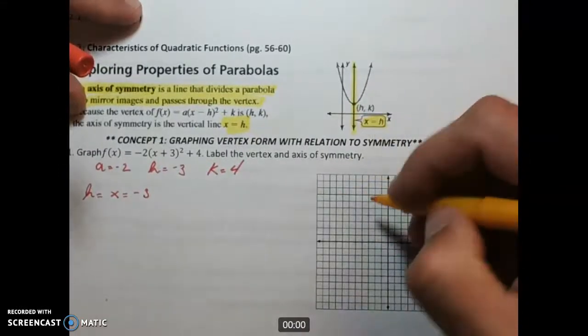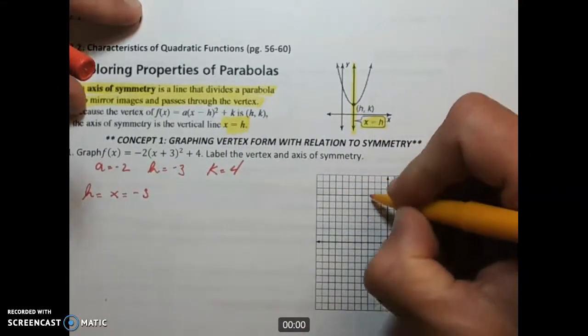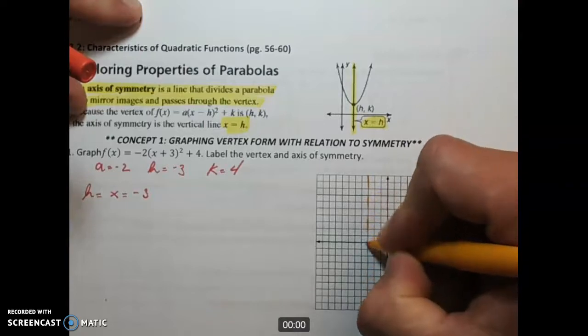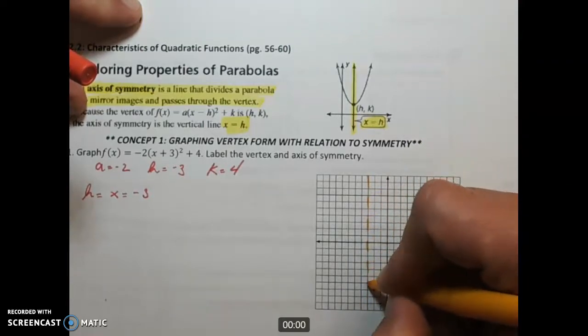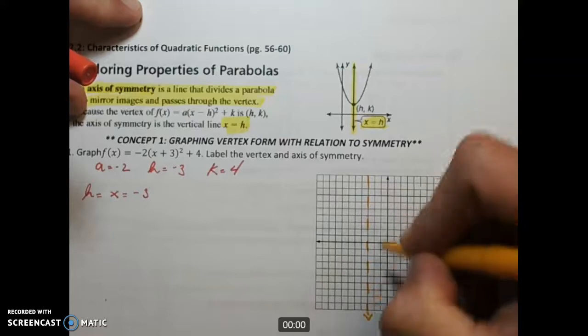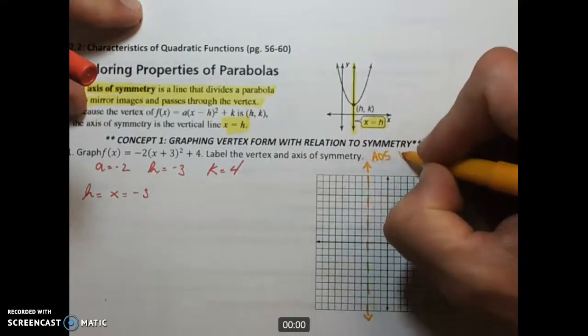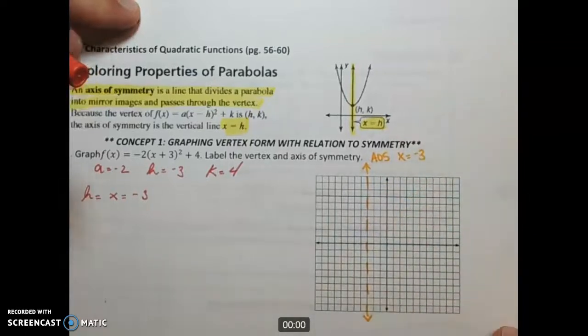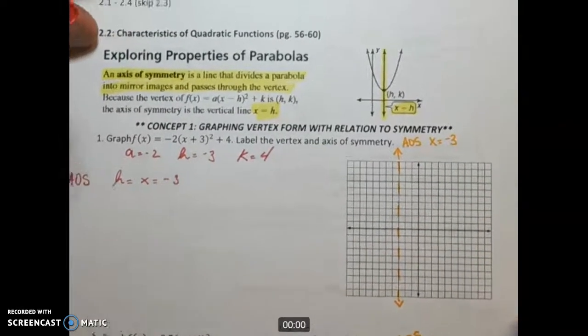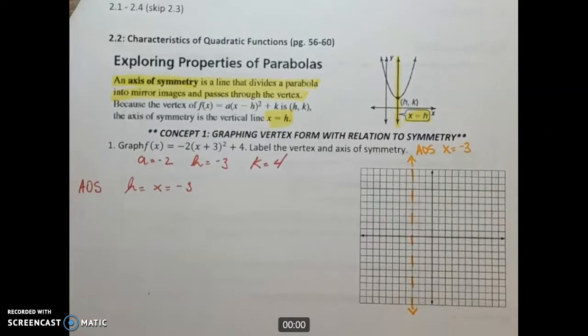I am going to go ahead and do that right here. 1, 2, 3. Alright, and there we go. Alright, the next part is my vertex.